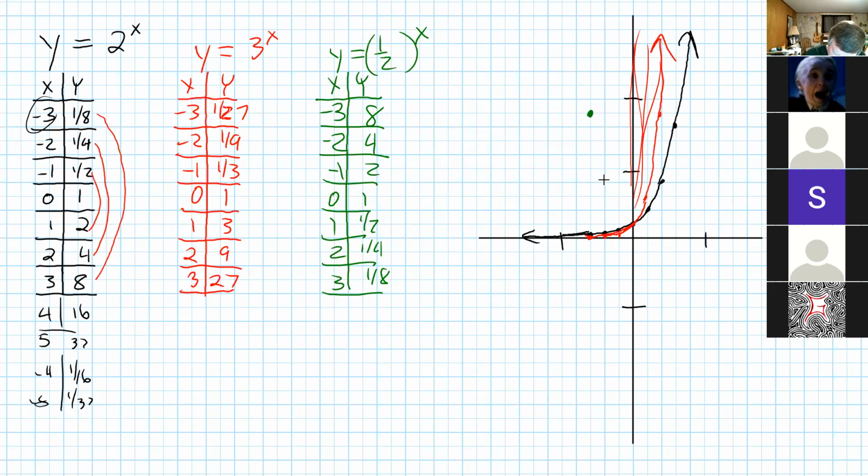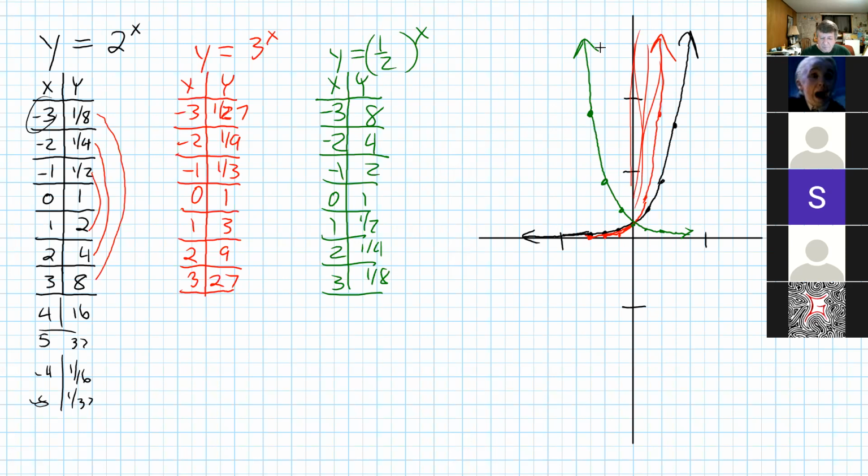X is -2, y is 4. X is -1, y is 2. X is 0, y is 1. 1 is a half, and a fourth, and an eighth. Can you see that that is a reflection of y equals 2 to the x?